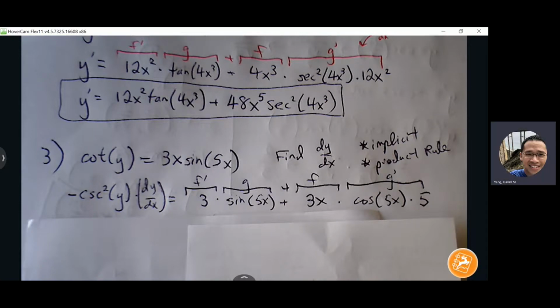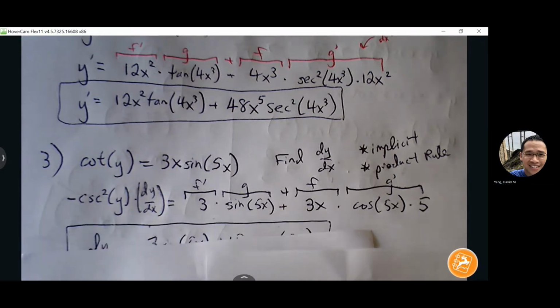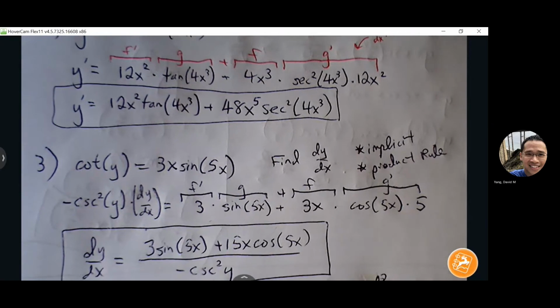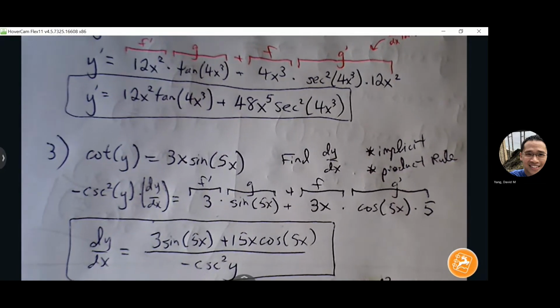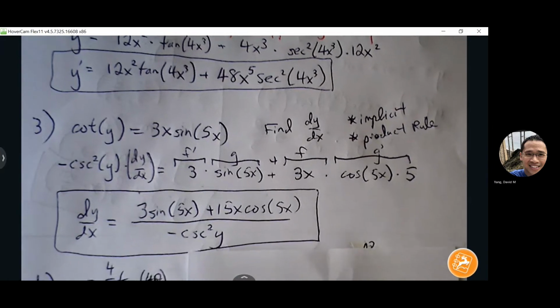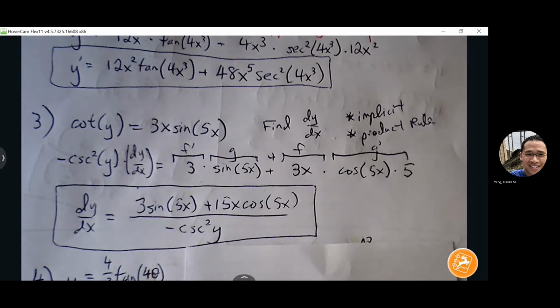It's already almost near the end. Any questions with 3?